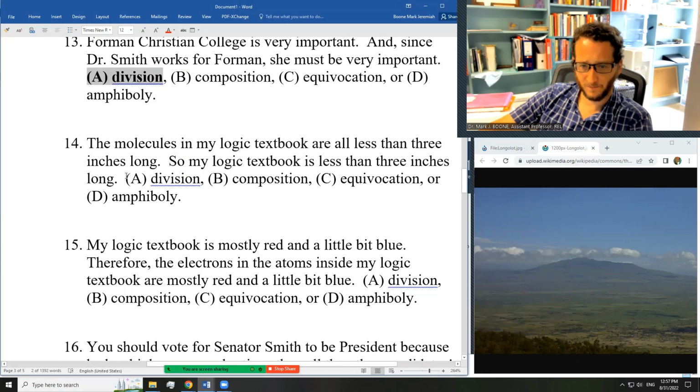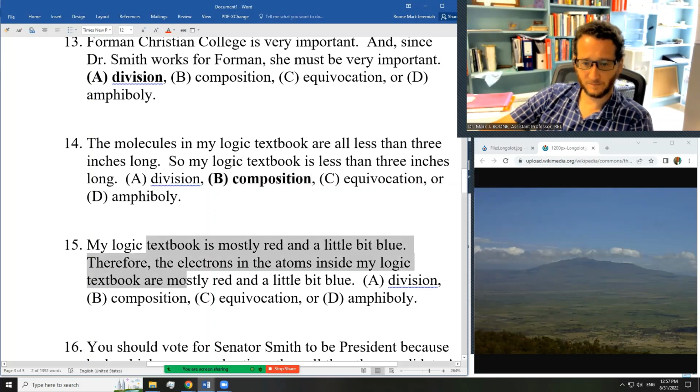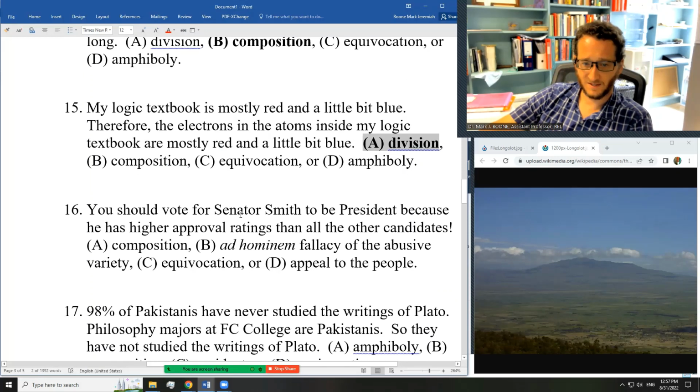14. Composition. 15. Division. 16. Sure looks like an appeal to the people.